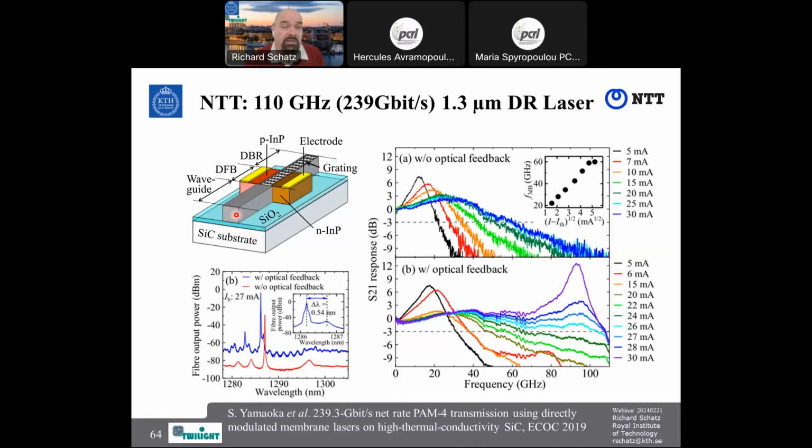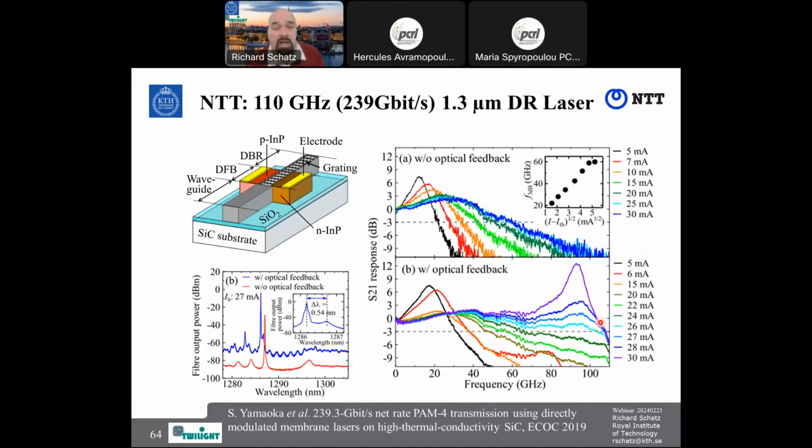And in addition, you have a good confinement here because you have a large refractive index difference between the indium phosphide and the silicon carbide material. This combined makes the laser, even without optical feedback, have a 3 dB bandwidth of close to 60 GHz. With optical feedback to get photon-photon resonance, they get beyond 100 GHz bandwidth here.